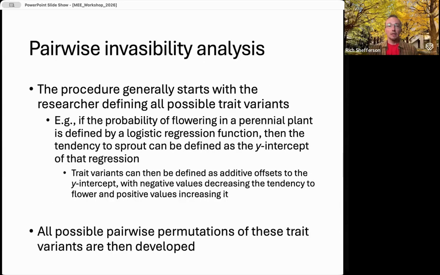In terms of pairwise invasibility analysis, the procedure generally starts with the definition of all the possible trait variants. I think a lot of people like to use quantitative traits in this case. So you might think about a spectrum that a trait can take a value on, and then you might pick a systematic number of points along there that you will test.